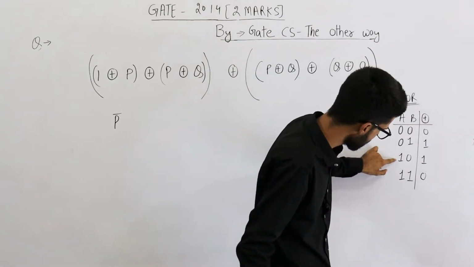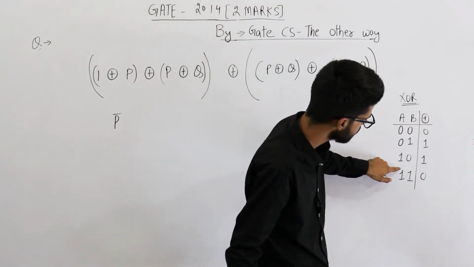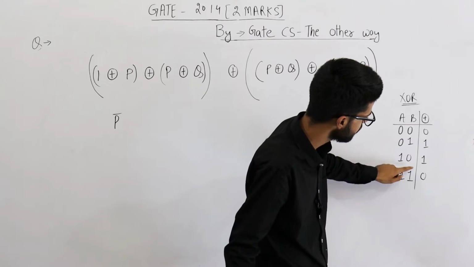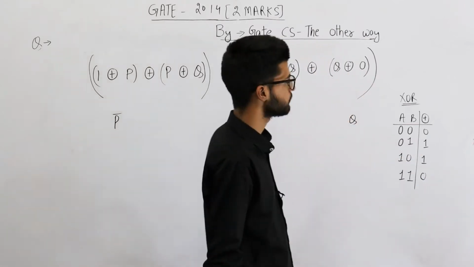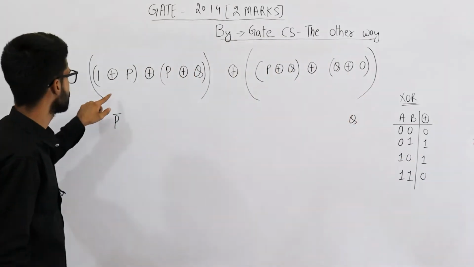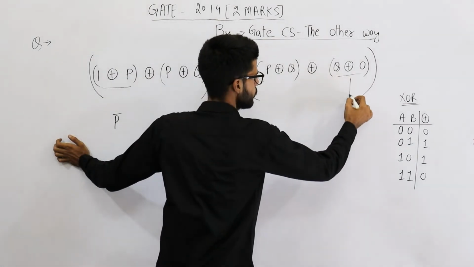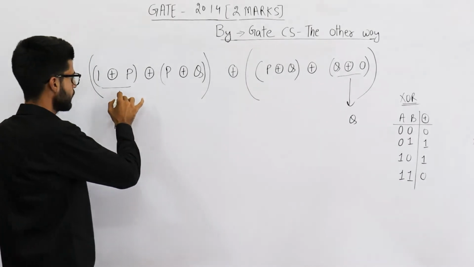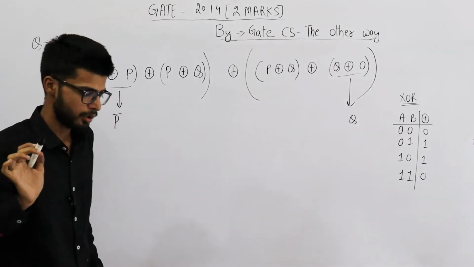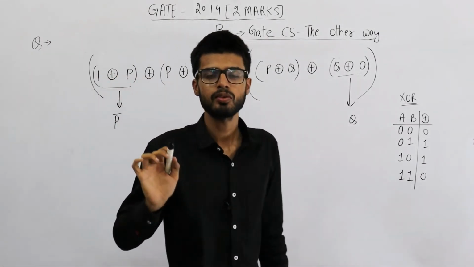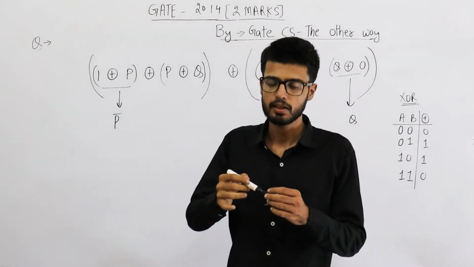And if one input is high, in that case, the other input, that is B, is complemented. So this results in P bar and this results in Q. Sorry, Q.